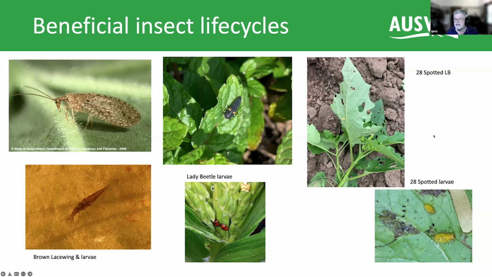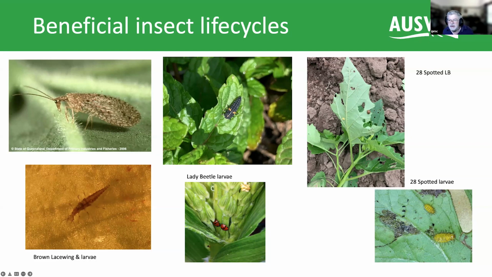As a slight aside, just on the right-hand side, there is one lady beetle that is a pest, and that's the 28 spotted lady beetle. All lady beetles lay their eggs in rafts, in groups of dozens of eggs like that.